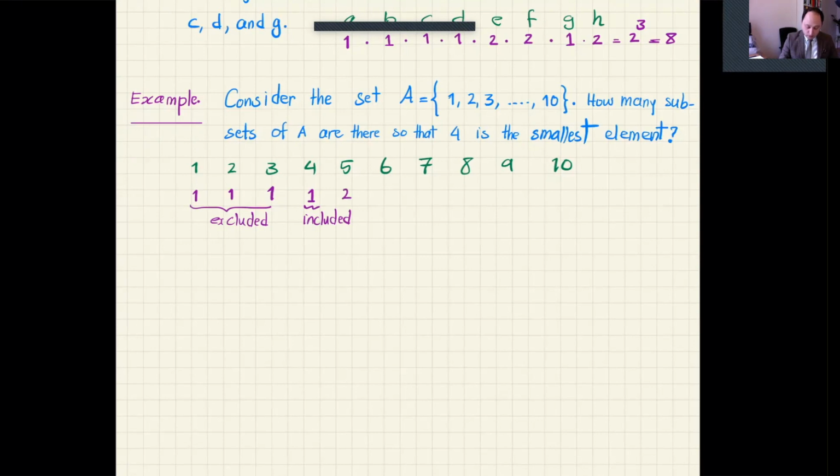So 2, 2, 2, 2, 2, and 2. So if I count them, 1, 2, 3, 4, 5, 6, I have to multiply all of them, yes? Because I hope that you can convince yourself that it's applicable here. So how many of them are there? 1, 2, 3, 4, 5, 6. So 2 to the power 6, which is 64.